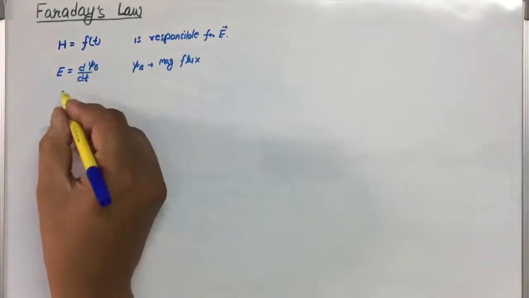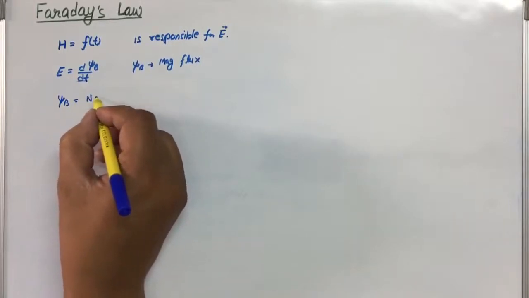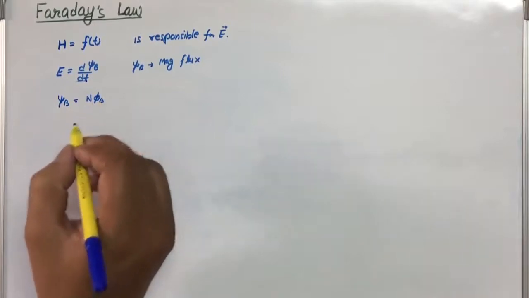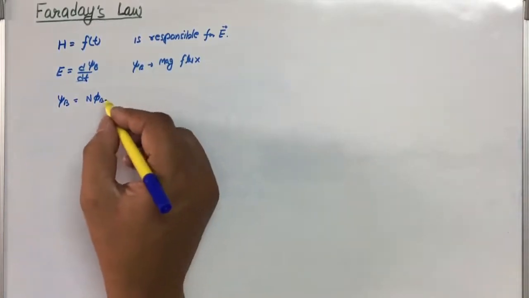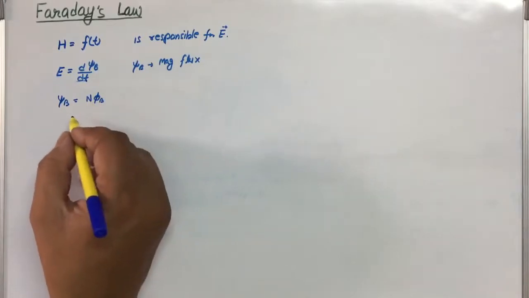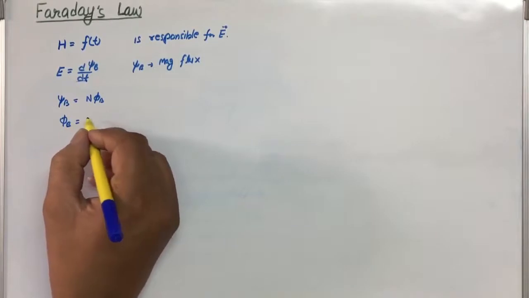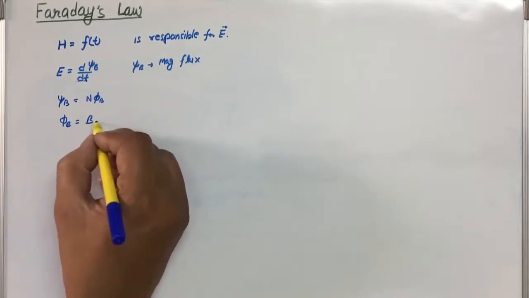This magnetic flux can be written, for n number of turns, as n phi B, and phi B is the flux due to one turn, and phi B can be written as flux density times area.